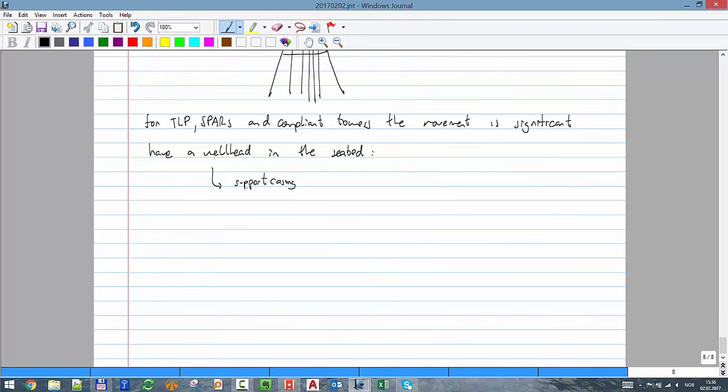Really, the wellhead is to transfer the load of the Christmas tree to the conductor, to the soil. But it has one more thing, that is to seal between the annular spaces of the casing.